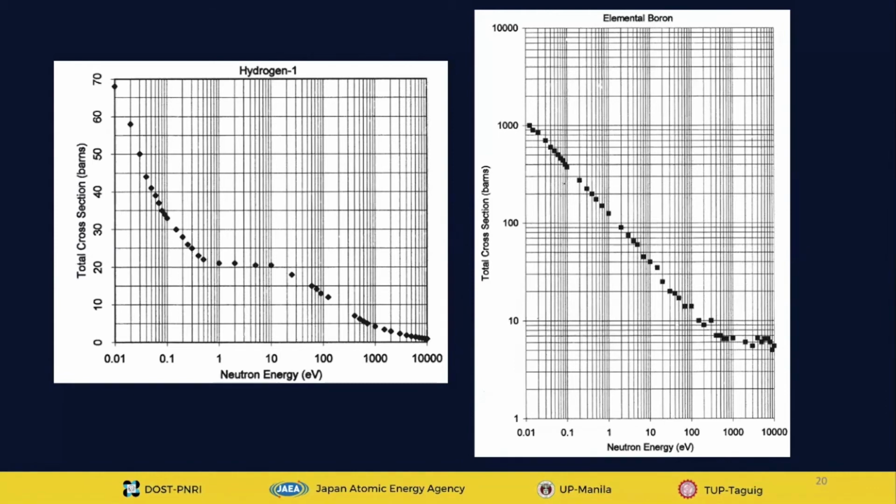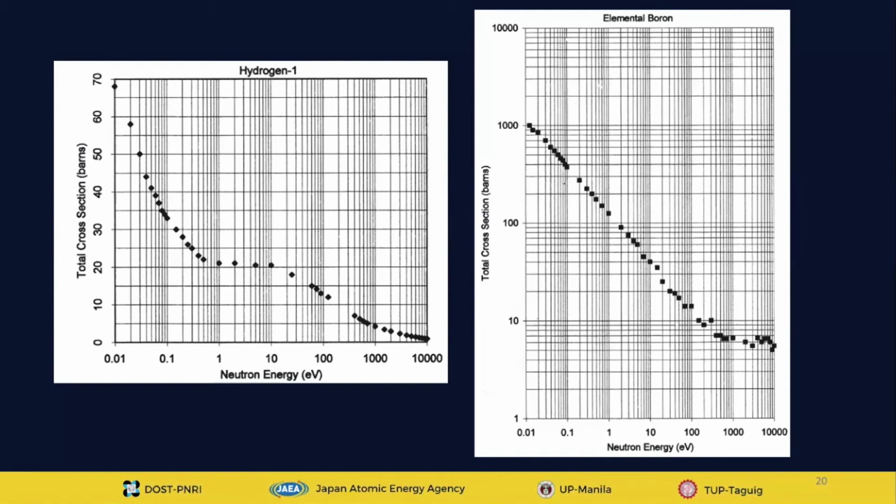But this is not always the case, as there are nuclides at certain neutron energies where there exists a resonance between the neutron energy and the nucleus of the target atom. At some neutron energy ranges, certain nuclei have a high capacity for interaction with neutrons.